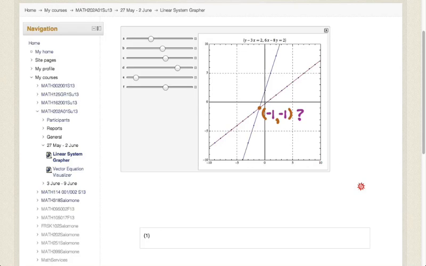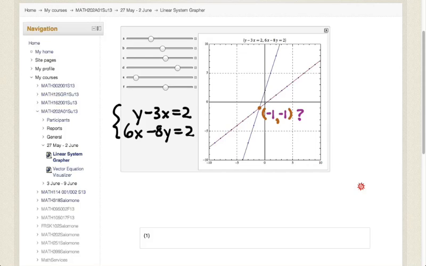And again, what's the system? I'm just going to copy it down. Notice it's up in the title of our graph at the top there. y minus 3x equals 2, and 6x minus 8y is equal to 2. Notice something weird that happened here is that the order of the x's and the y's is different in those two equations.